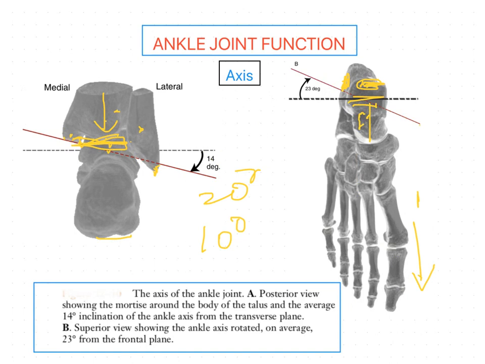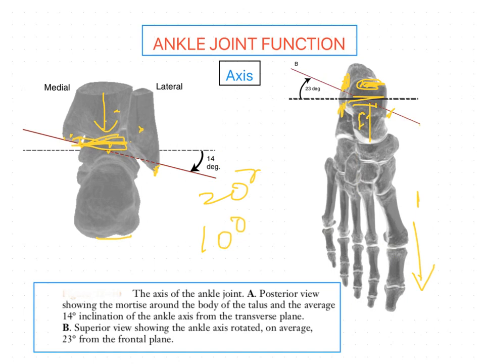Okay. The asymmetry in size and orientation of the lateral and medial facets of the ankle joint contributes to changes in the ankle mortise that occur during ankle dorsiflexion. The lateral facet is substantially larger than the medial facet, and its surface is oriented slightly oblique to the medial facet.